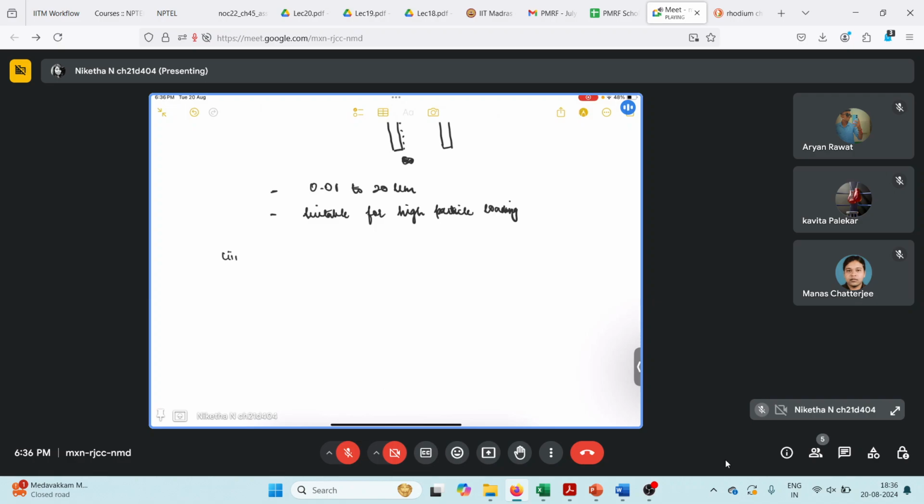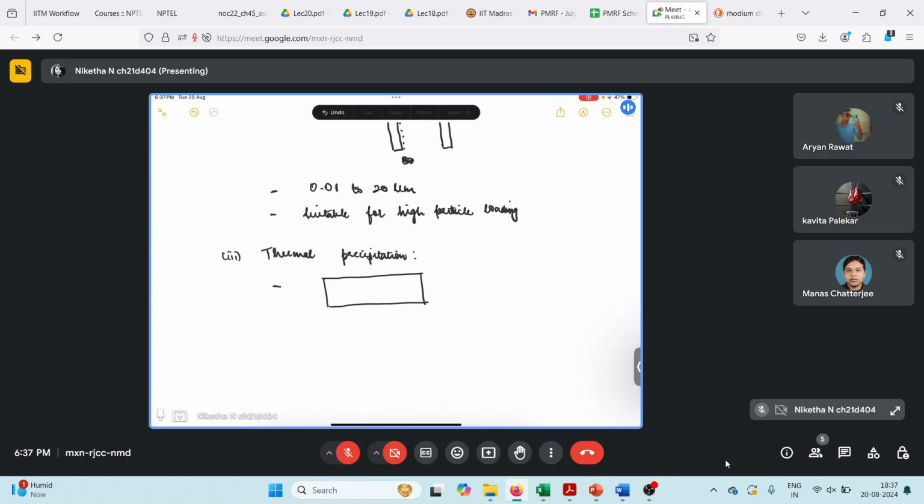The next type is thermal precipitation. In thermal precipitation, we apply a temperature gradient. One end will be heated, I mean the temperature at one end will be higher than the other end.